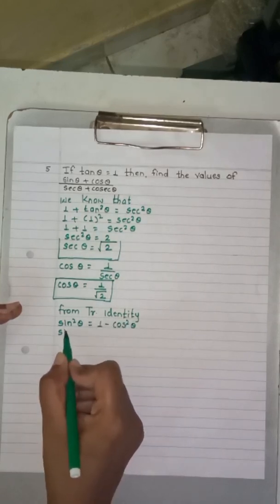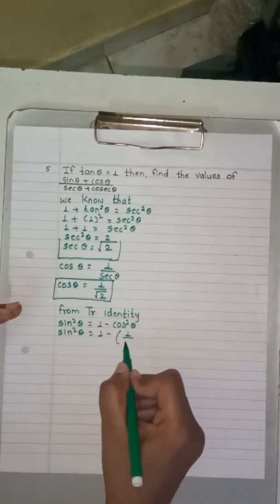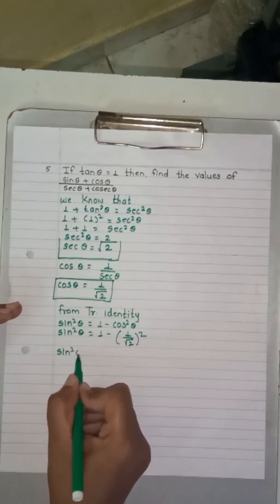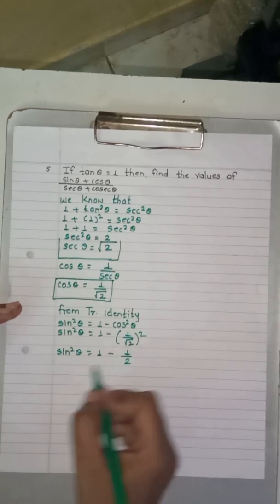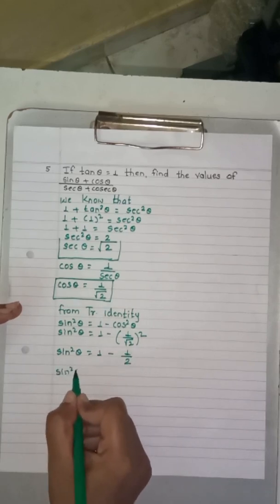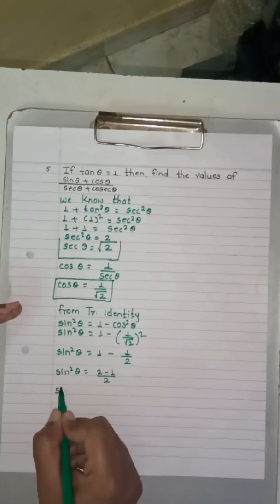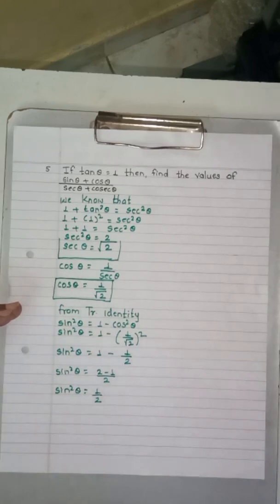Okay, so sin square theta will be equal to 1 minus, in bracket, 1 upon root 2, bracket square. So sin square theta will be equal to 1 minus 1 upon 2. Therefore sin square theta will be equal to 2 minus 1 upon 2. Therefore sin square theta is equal to 1 upon 2.